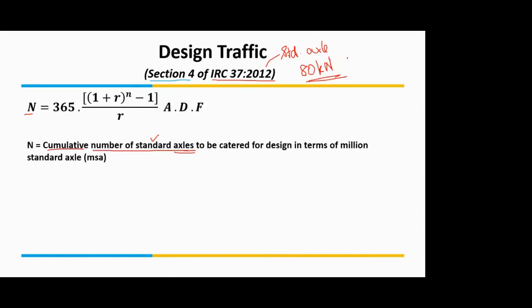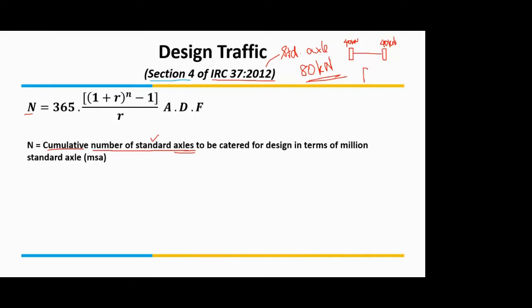If I draw a top view, suppose these two are the tires on both sides and in between is your axle. If this is the standard axle and I distribute the load, 40 kilonewton will be taken by the tire on the left, and 40 kilonewton by the tire on the right.